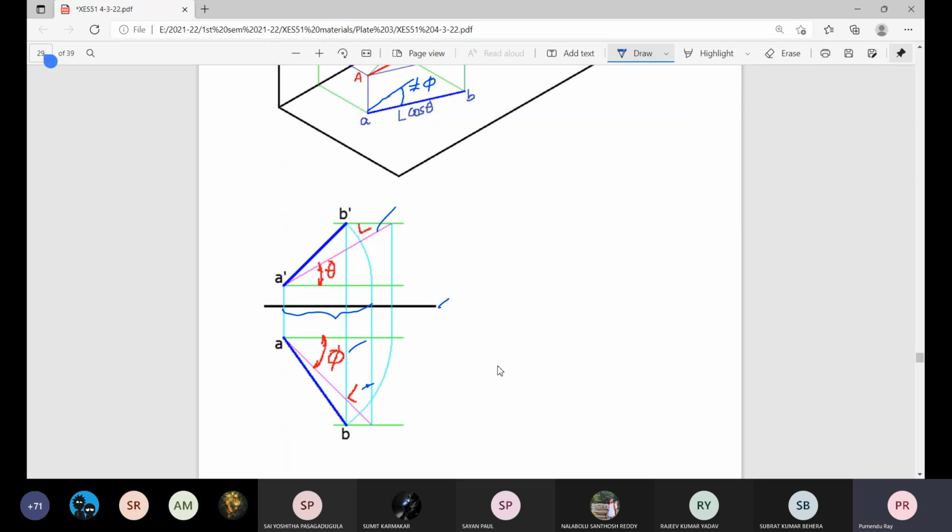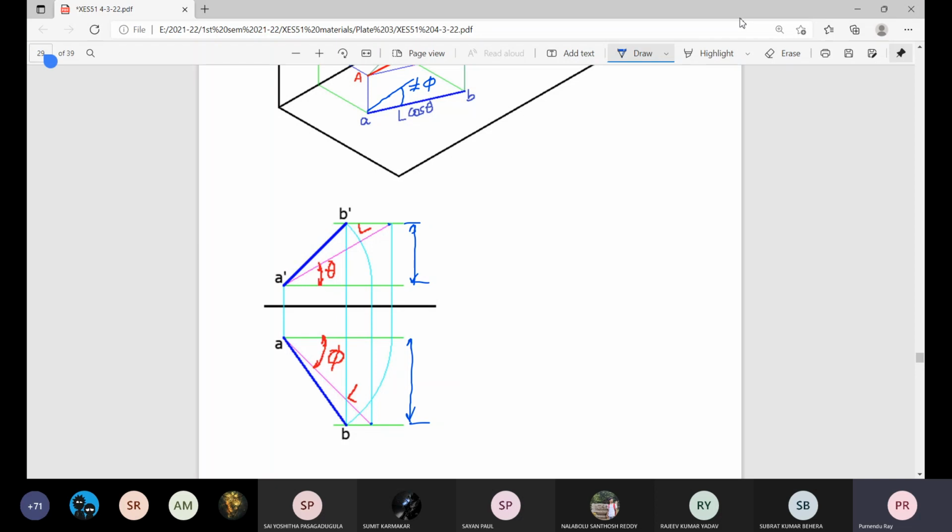Next thing what we do, we satisfy the heights or distances measured from the ground line geometrically. At this terminal point, draw a horizontal line or line parallel to GL, and at this location draw a line parallel to GL. That means this distance is fixed as L sin phi, and this height, relative height between A and B, is fixed as L sin theta. That's all. That is very important step for this.